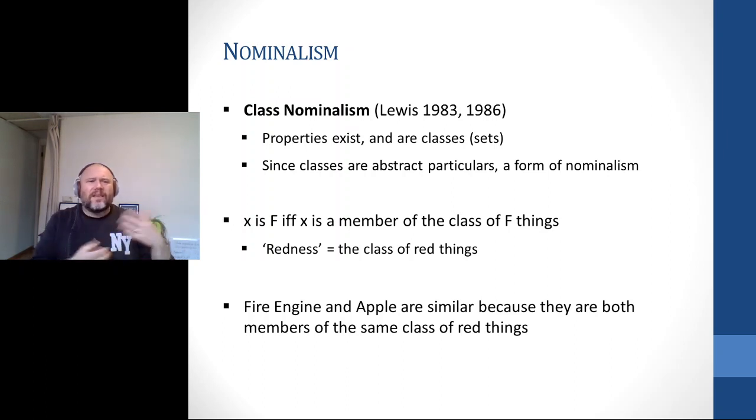And we get an easy and straightforward answer about similarity. Right? So the fire engine and the apple are similar in their redness because they're both members of the class of red things. So effectively, being a member of these classes, these sets, comes first, and it explains the various properties that things have.